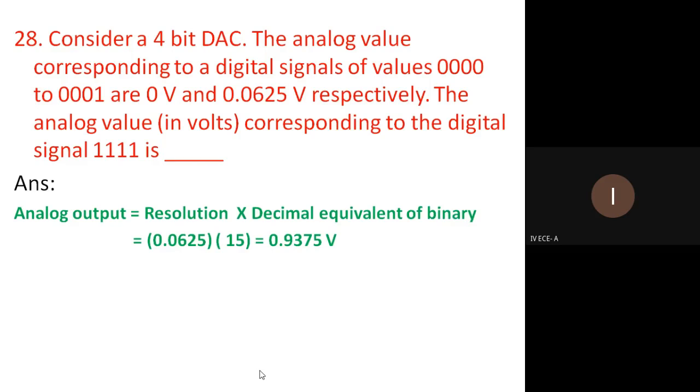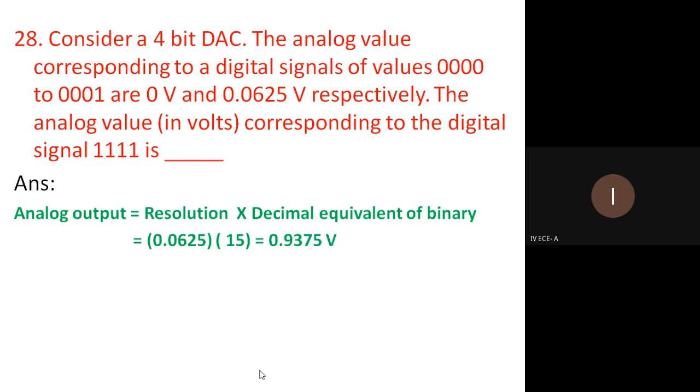Next, problem number 28. Consider a 4-bit DAC circuit. The analog values corresponding to digital signals of values 0000 and 0001 are 0 volt and 0.0625 volt respectively.